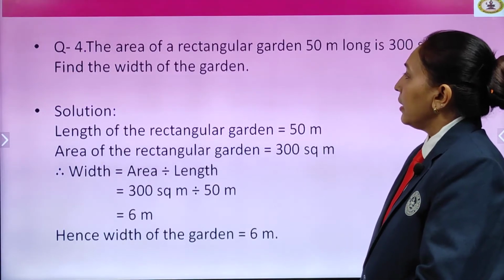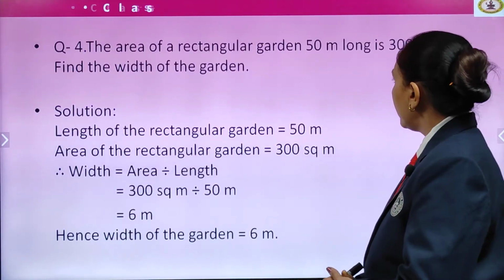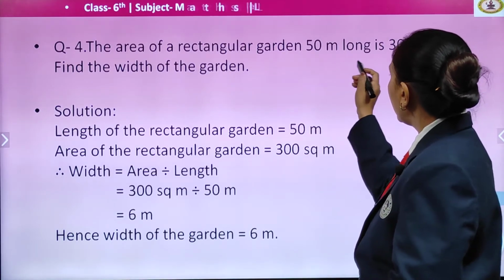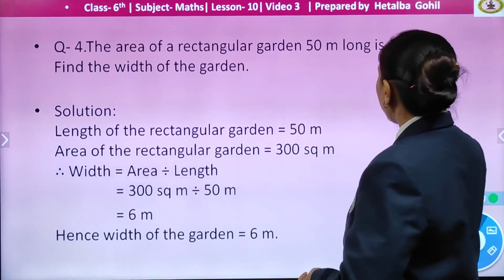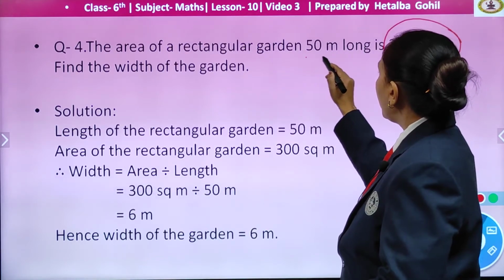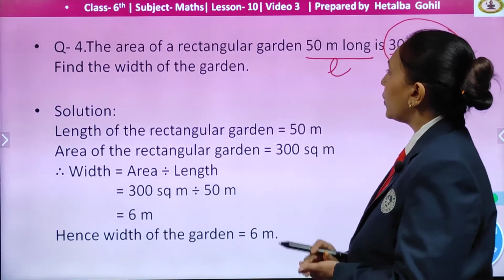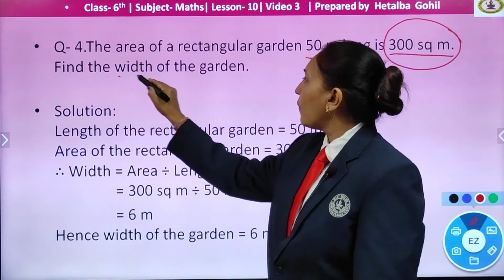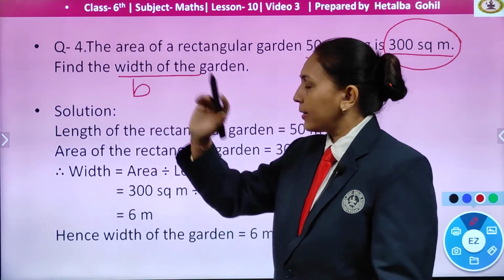Next, the area of a rectangular garden is 300 square meter and it is 50 meter long. Here the area is given to us, children, and 50 meter long, that is the length, is given to us. Find the width of the garden, that is, we have to find the breadth.